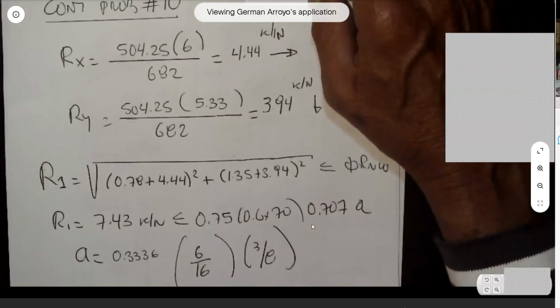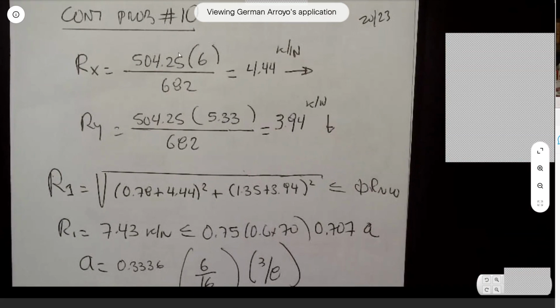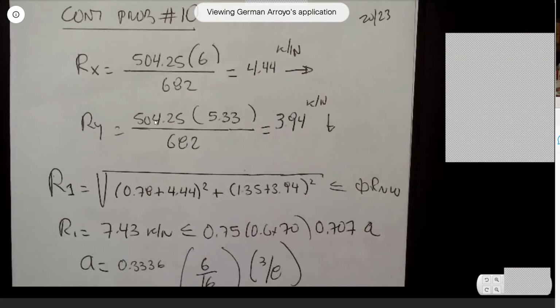So the component in X is the moment we just computed times Y over I_p, I_x plus I_y, 4.44 kip per inch to the right. The component due to the moment in Y is the same moment, and 5.33 is the X dimension to that point.